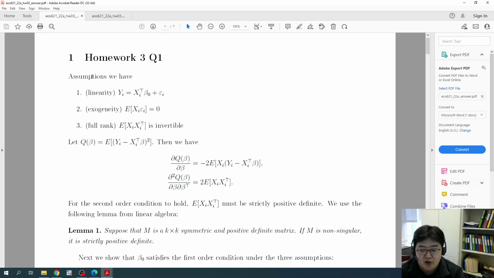For example, we assume A, then using A we would like to show B, then as a result of B we obtain C. So A implies B, then B implies C. But many students say something like, because of C, we have B. The flow of the logic, the flow of the rationale, the argument can be very confusing.